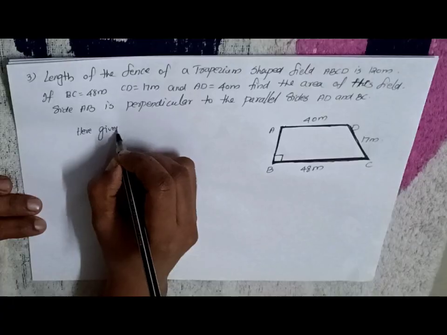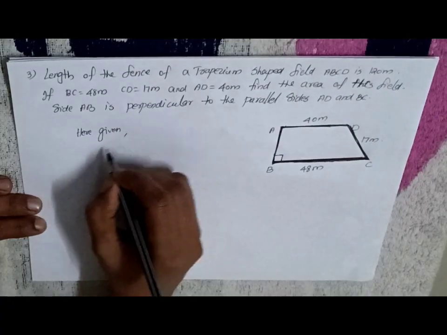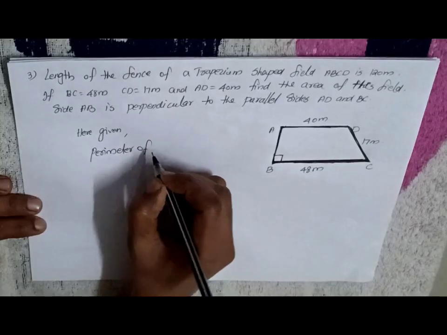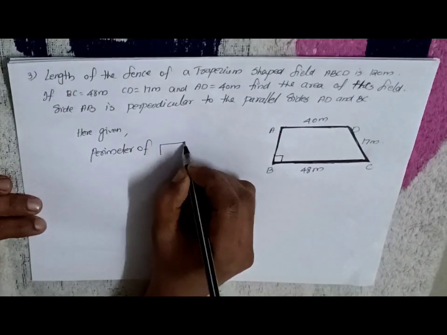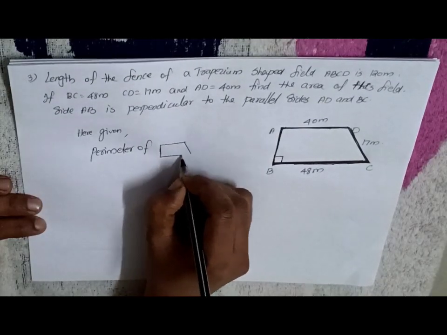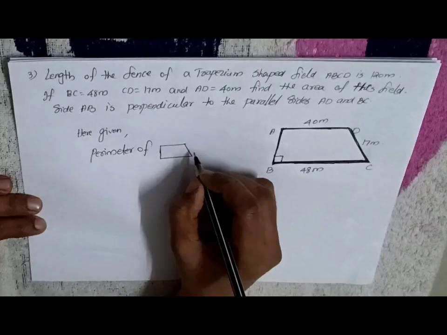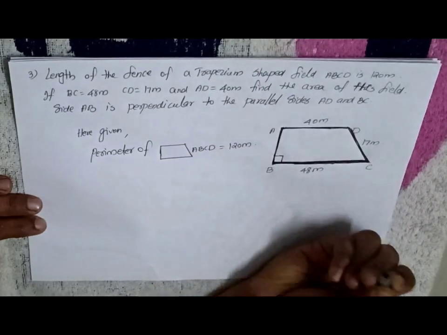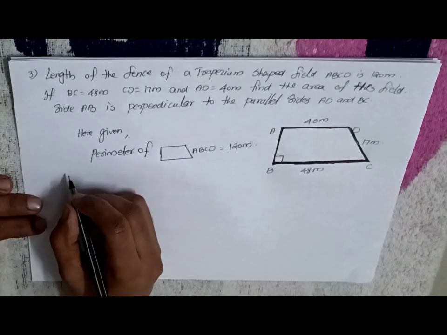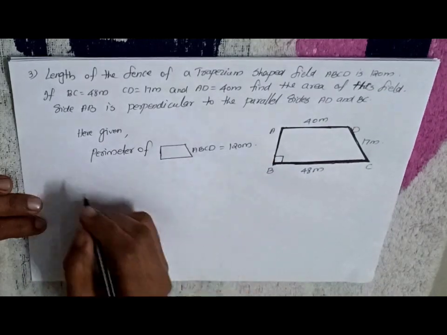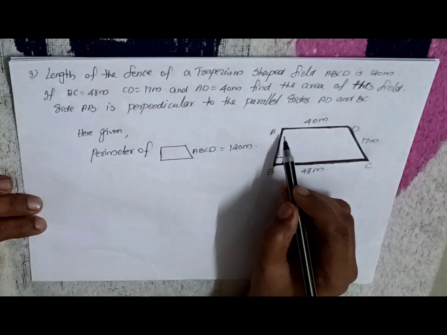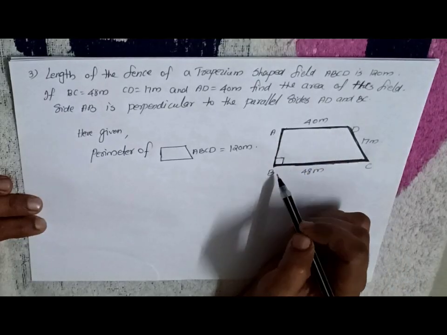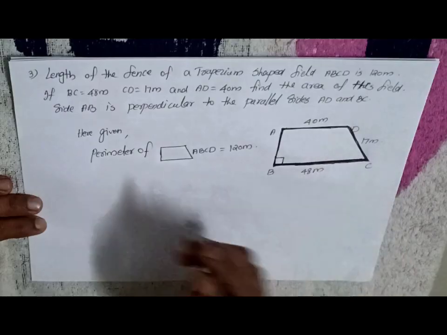Here given perimeter of trapezium ABCD equal to 120 meter. We know the perimeter of the trapezium, how can we find out? Here we have to find out the total length of this trapezium. That is, here we have to add all these sides.